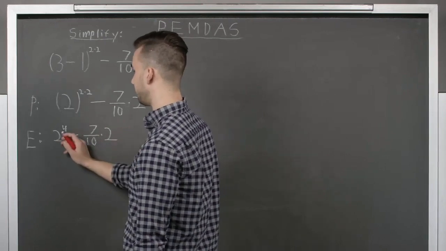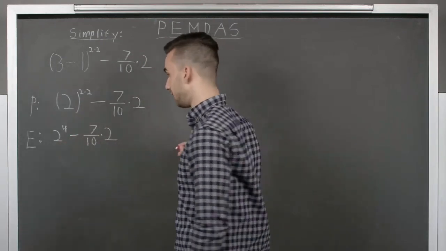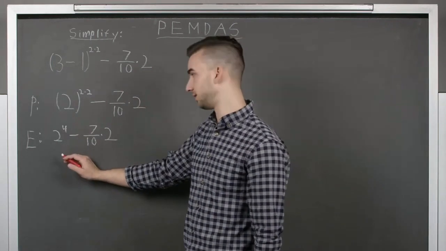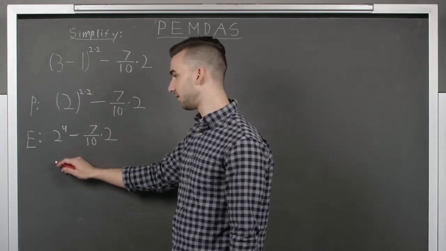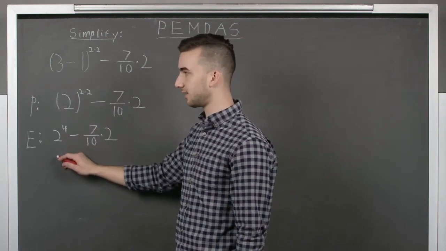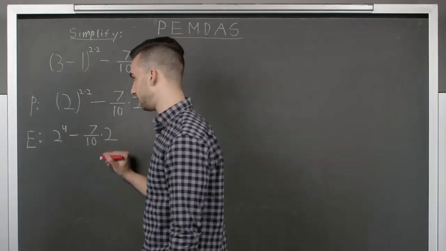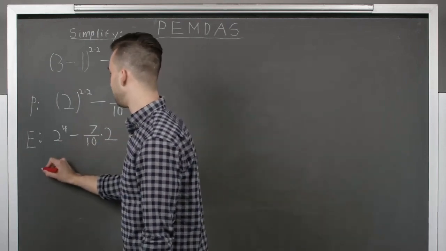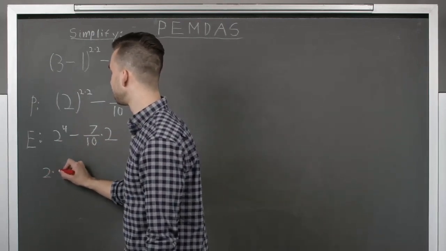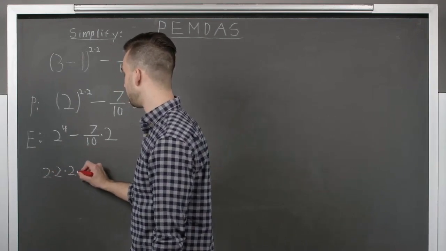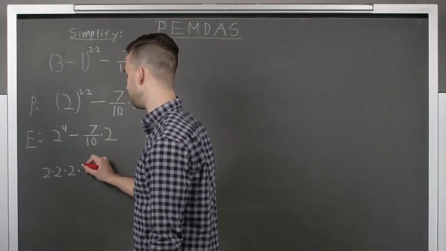Keep simplifying because the exponent is not taken care of. What is 2 to the power of 4? Let's see. 2 times 2 is 4. 2 to the power of 3 is 8. So what is 8 times 2? Let's just go ahead and write it out, just to not make any mistakes.